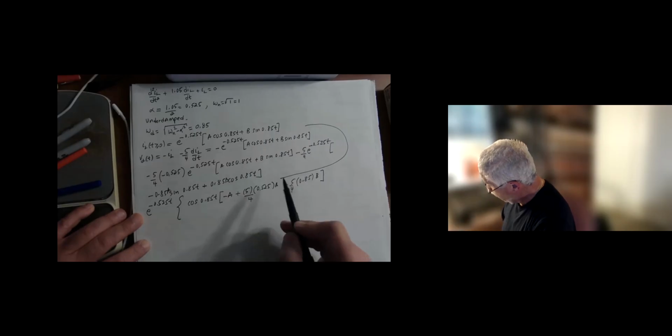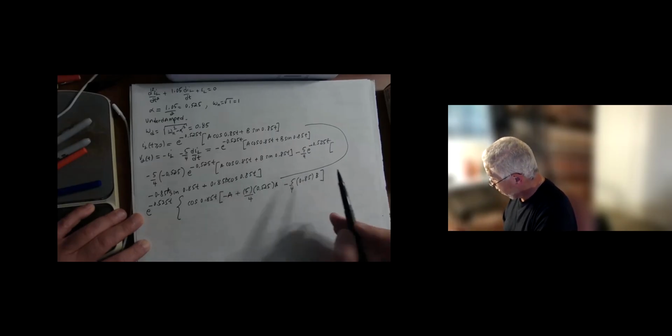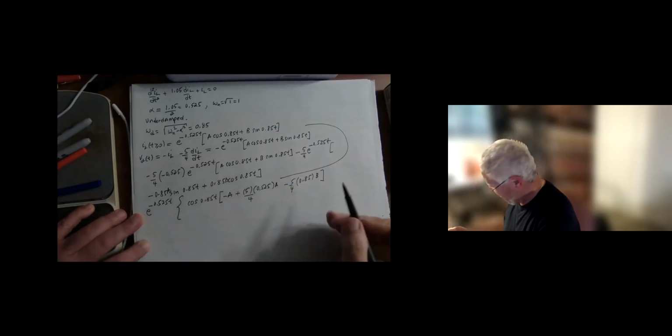Okay, so that's all of the terms associated with the cosine 0.85t. If I did my math correctly; obviously I allow some room for error.